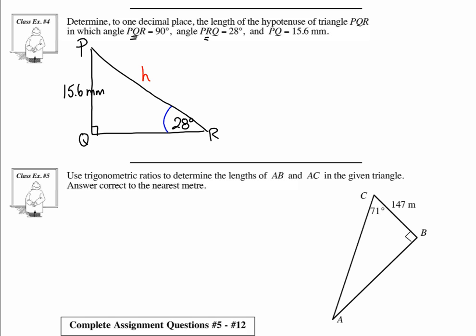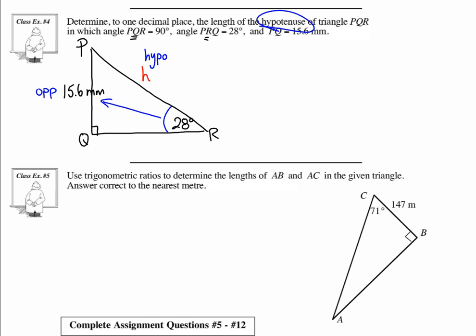Okay. Now what's the first step? Label. Label specifically which two? 15.6 and the H. So 15.6 would be opposite, and H is what we're looking for, the hypotenuse. Do I have to label the adjacent?